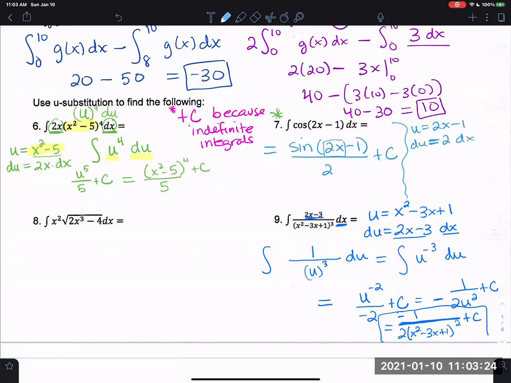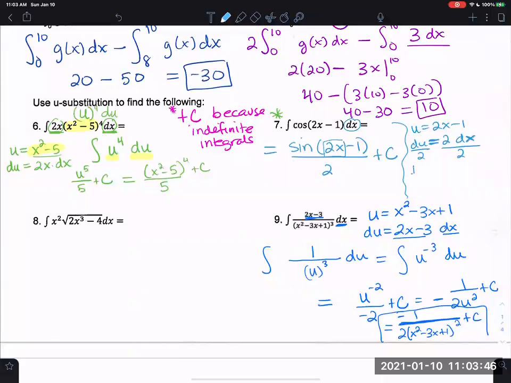Well, then what does that do for us? Not a whole lot, but if we want to just isolate dx on the right side, because we have dx right here, and looks like that's going to be our replacement, well, I would have to divide both sides by 2.